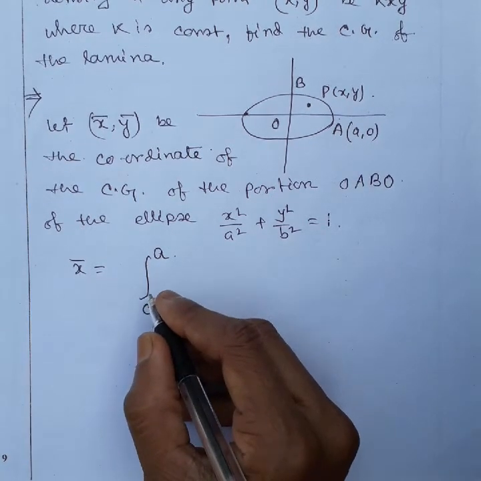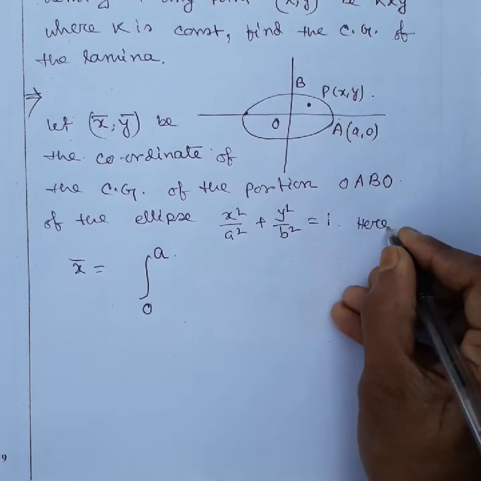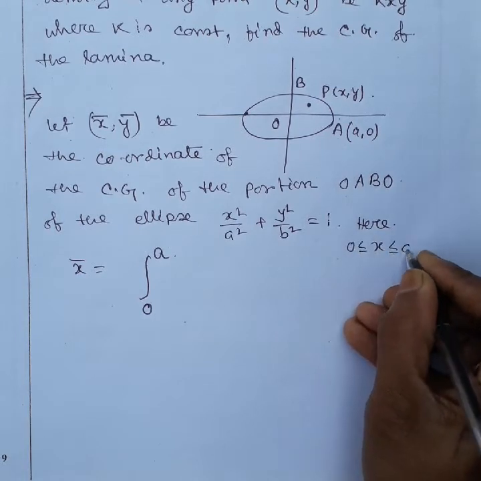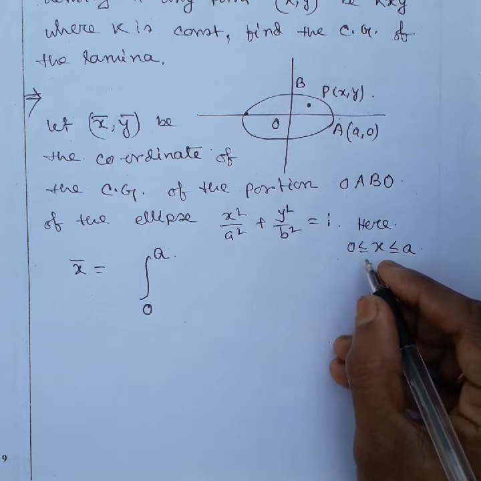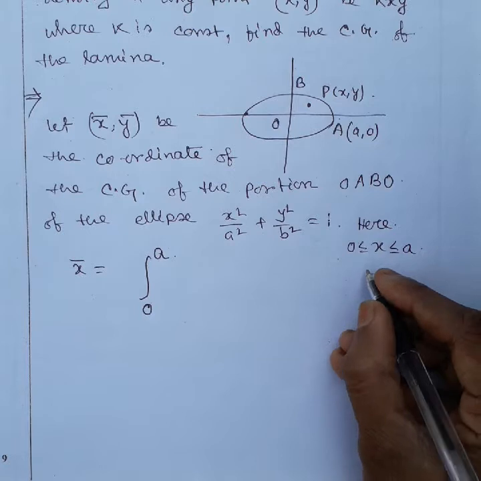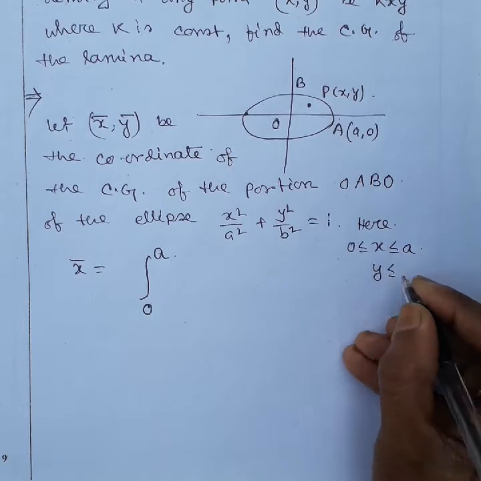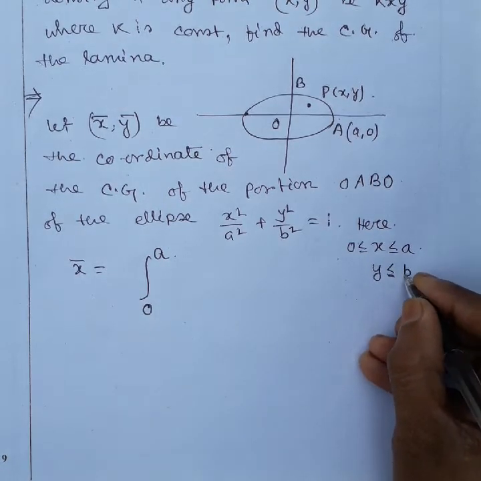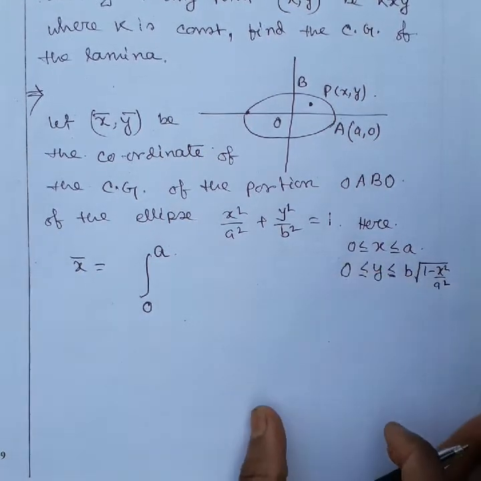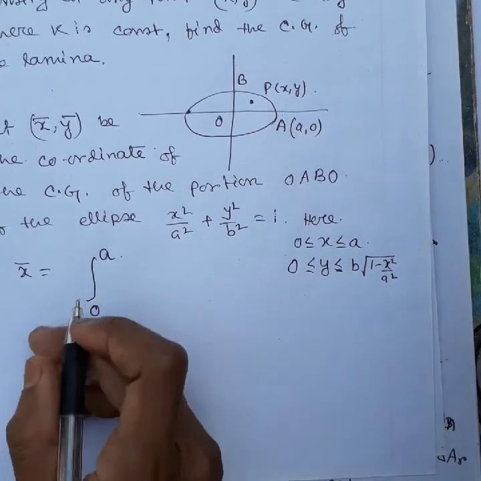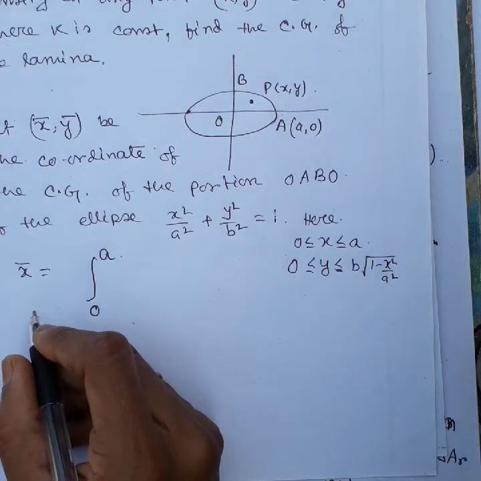Here x varies from 0 to a, and y varies from 0 less than or equal to y less than or equal to b into root over 1 minus x square by a square.